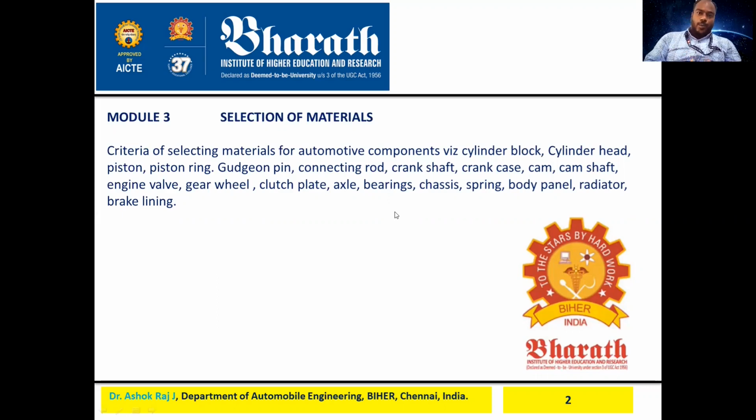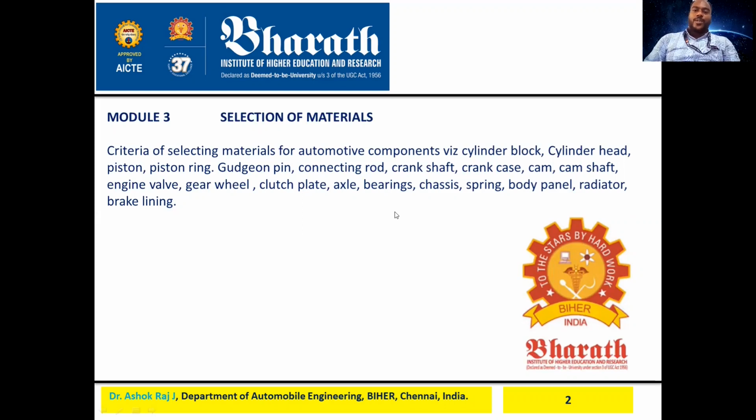If you are going to use any material for any application, for example, if you want to select a material for an engine piston, that material should not wear out, it should not corrode, it should withstand high temperature and a lubricant environment also. There are different possibilities and different requirements.